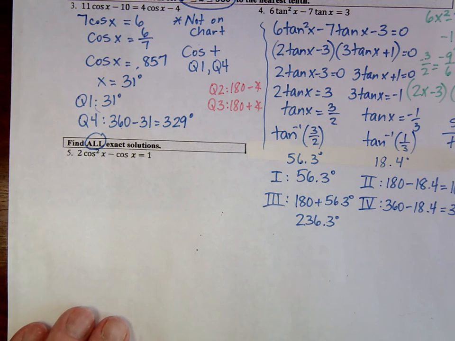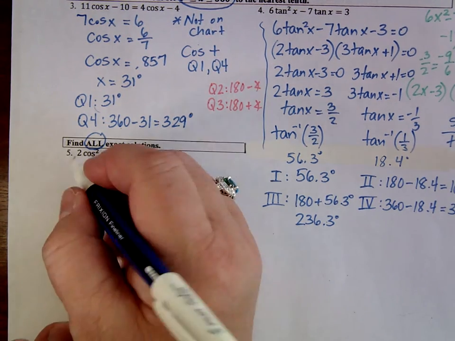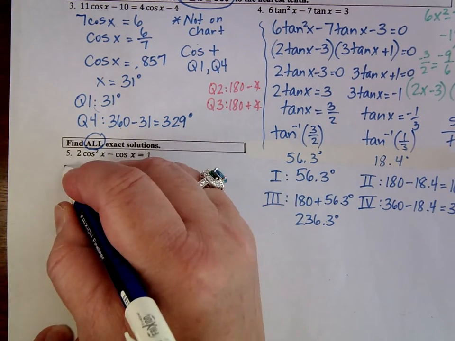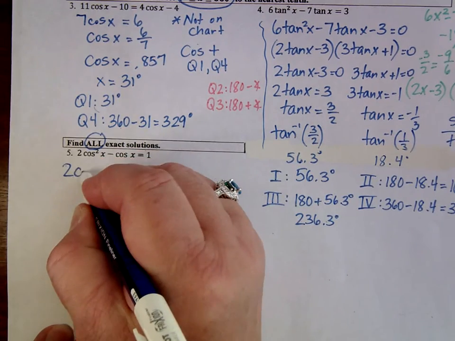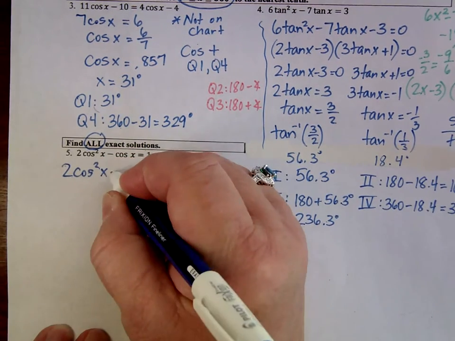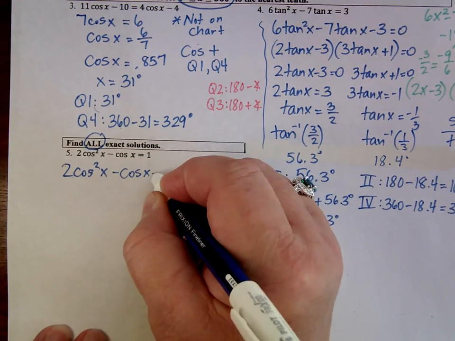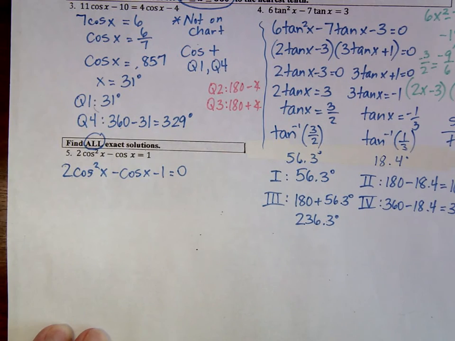That makes me happy. I'm going to put everything on the same side of the equal sign. This is going to give me a 2 cosine squared x minus a cosine of x minus 1 equals 0. And again, I'm going to think factoring for this like I did back in number 4.